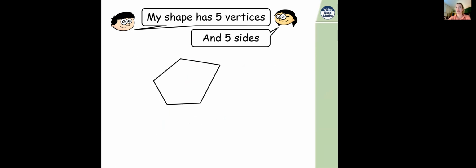There's our 5 sides, children. Let's see if it has 5 vertices. 1, 2, 3, 4, 5. Can you see them? What shape is it that they were thinking of? That's right, a pentagon. Their pentagon has 5 vertices and 5 sides.